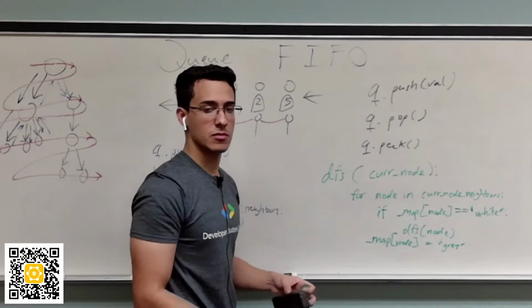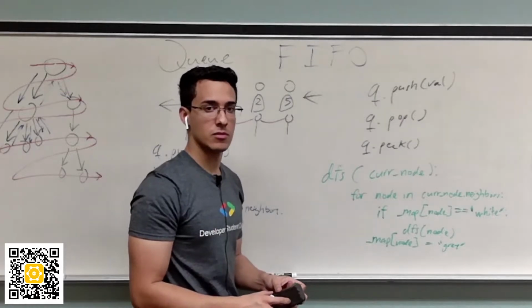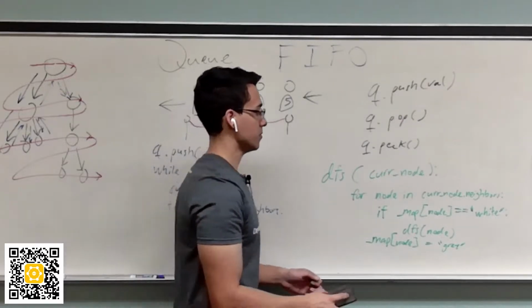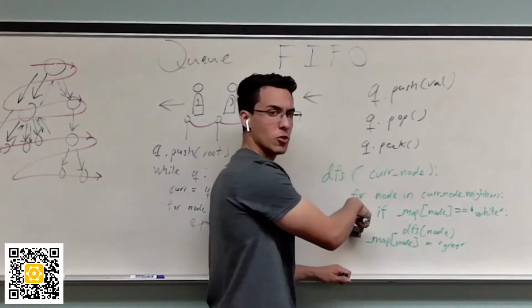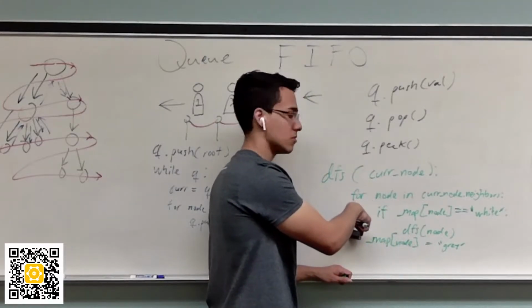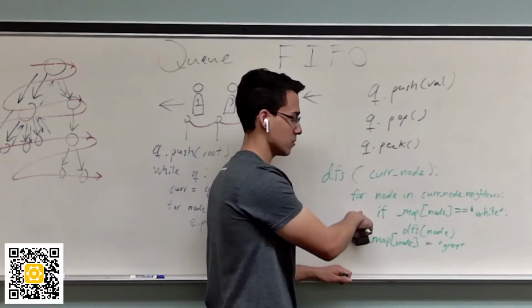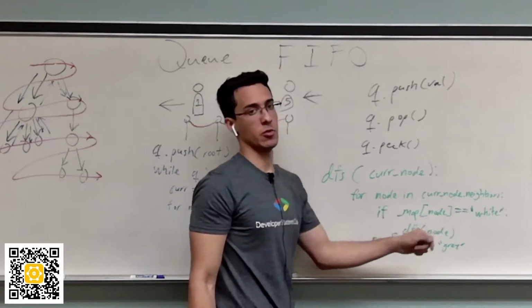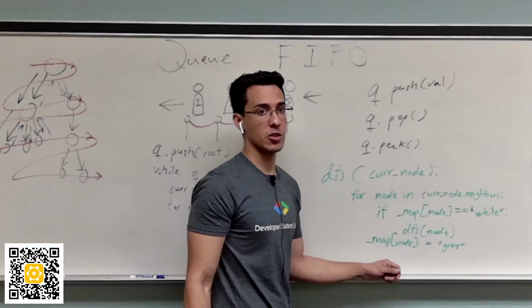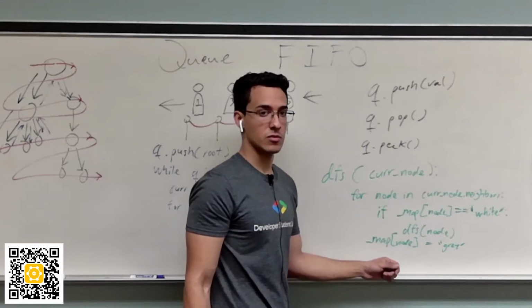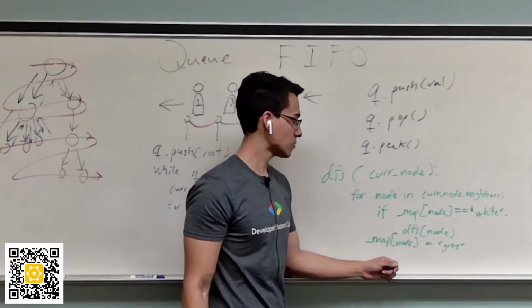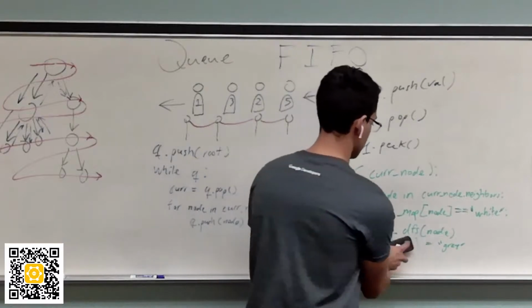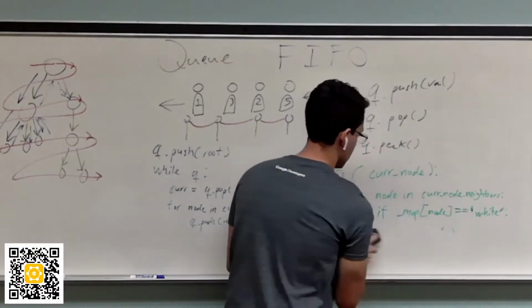I think gray before you call it, so it's processing, and then black after you call it. Inside of the if statement, you do node is equal to gray. But you only do DFS traversal if it's white, because if it's gray, you don't. If it's white, set it equal to gray, as in it's processing, then call it. And after the call finishes, you set it equal to black.